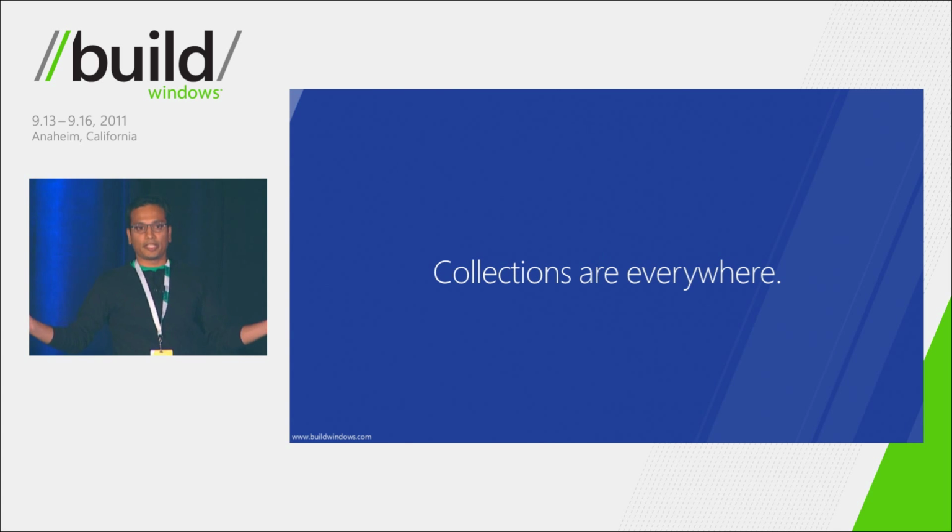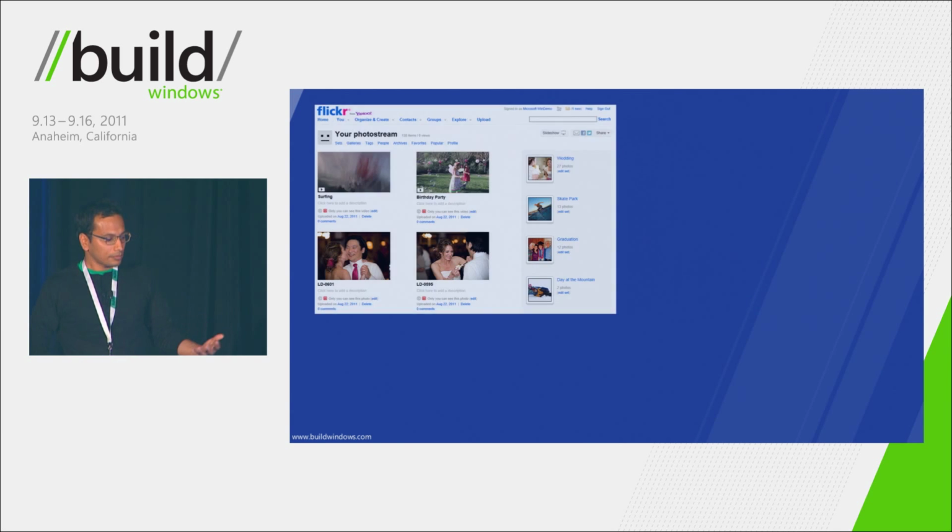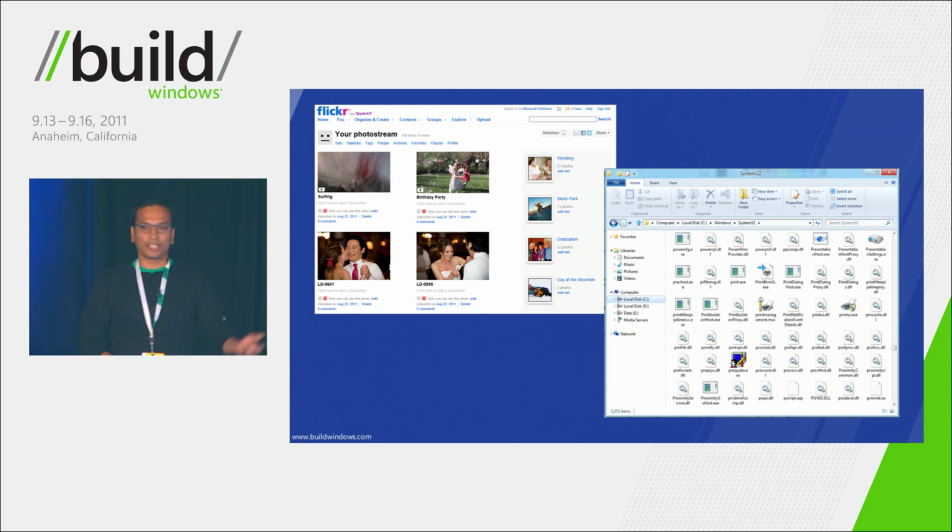So I'm going to start off by saying the obvious. Collections are everywhere. We are so used to them that sometimes we don't even think about data in terms of collections. There are collections of photos that you're really familiar with. There are tons of websites, tons of applications around there. Collections of files in the file system. Now, this was kind of new to me because it's always collections, but I never thought of the file system as a collection.